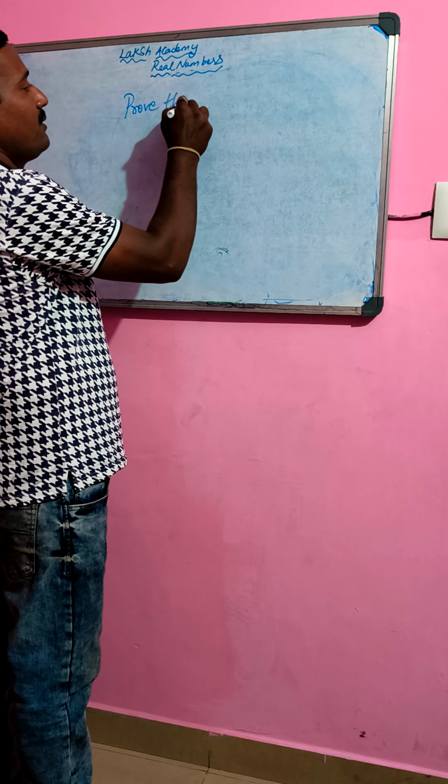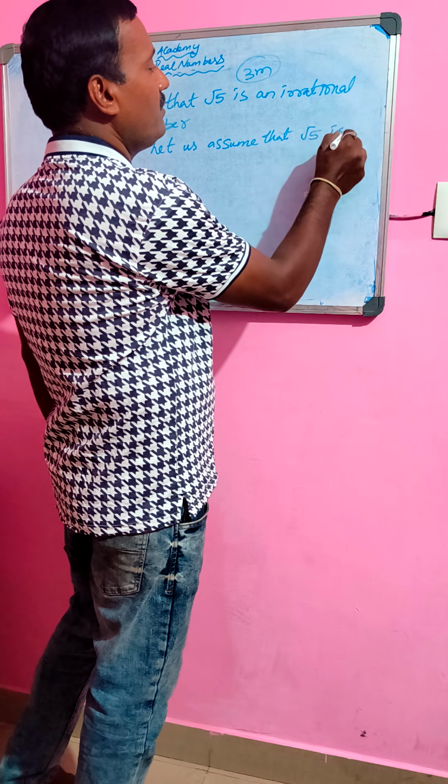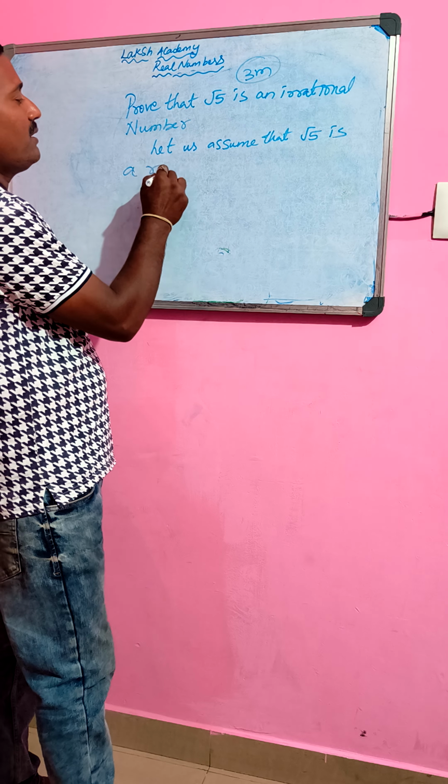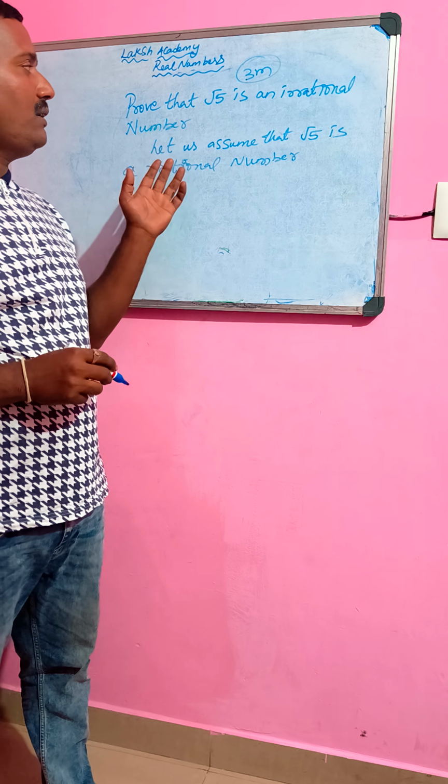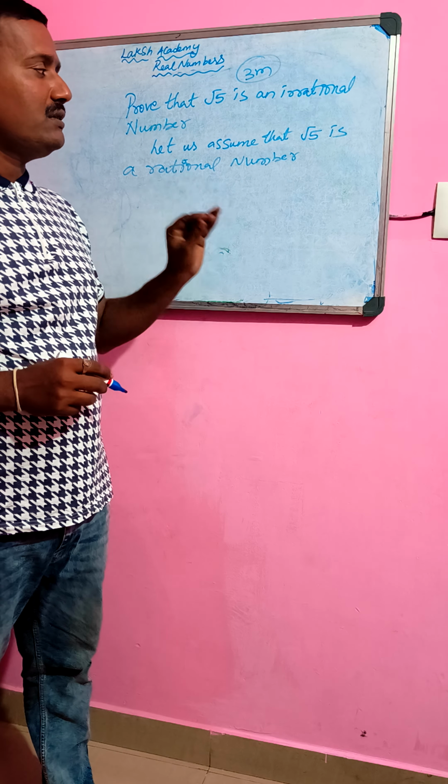So to prove root 5 is an irrational number, the first step you have to write is, let us assume that root 5 is a rational number.